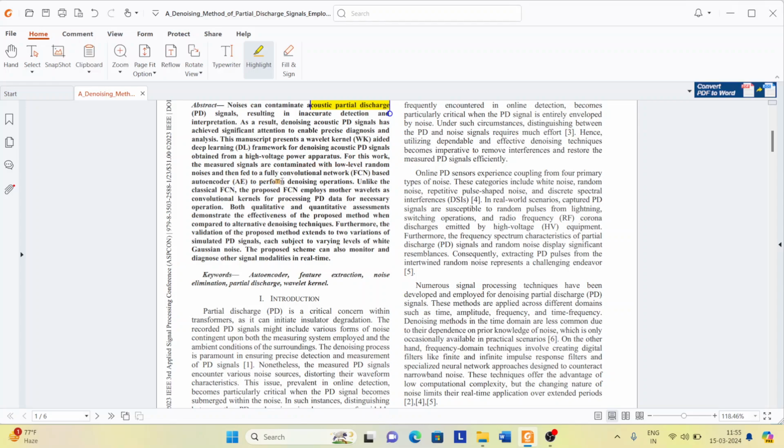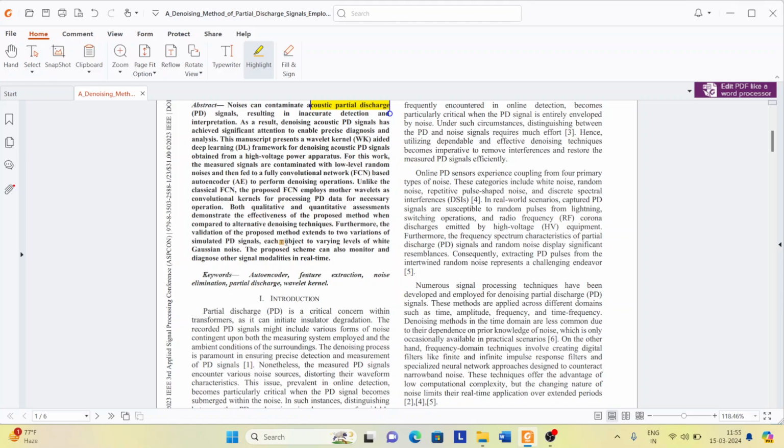For this work, we have used a fully convolutional network based autoencoder to perform the denoising operation. Unlike the classical fully convolutional network, the proposed FCN employs the mother wavelets as the convolutional filters.